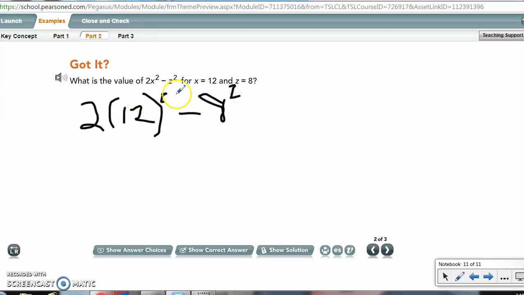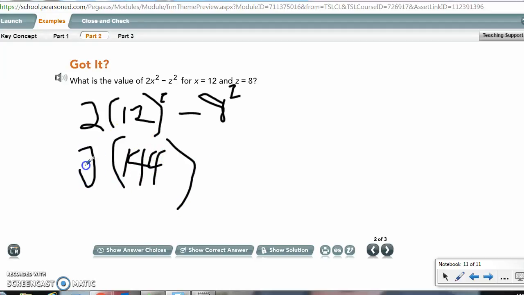Well, what's 12 squared? We know earlier in our notes, 12 squared, boys and girls, was 144. Put parentheses around that and my 2. So now I have 2 multiplied by 144 minus, what is 8 squared? Well, 8 times 8 is 64, not 16.